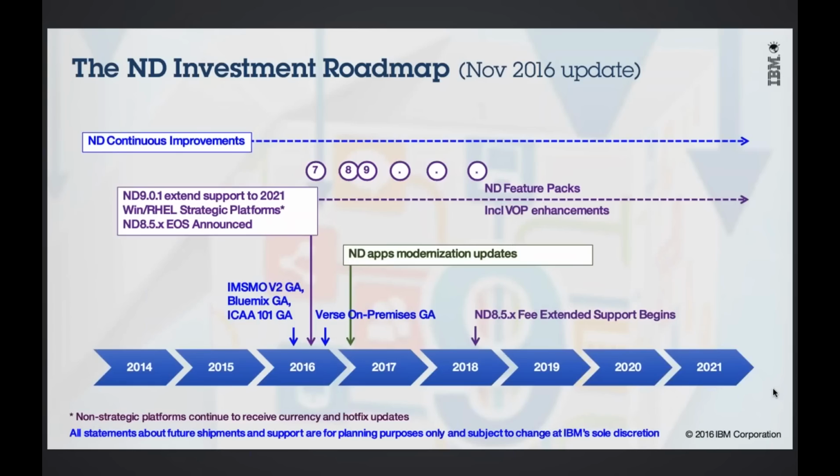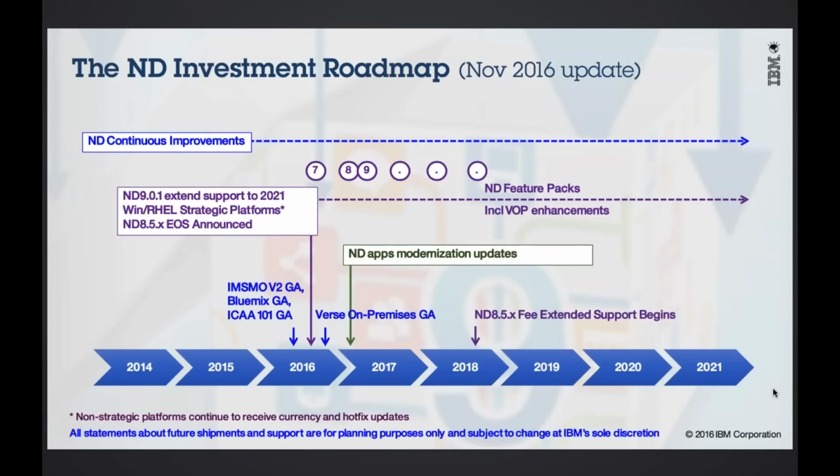As Uffe has started here, this is our roadmap. We are on track to deliver Verse On-premises in December, and then starting in the first quarter of next year, we will be delivering new feature packs, and there will be new features as well as fixes in these ongoing feature packs.